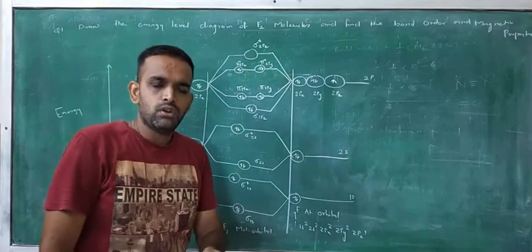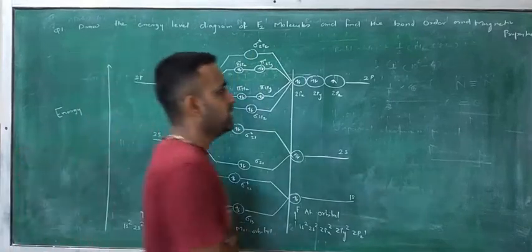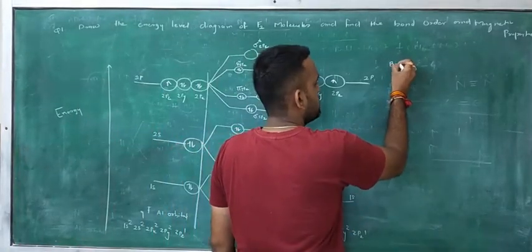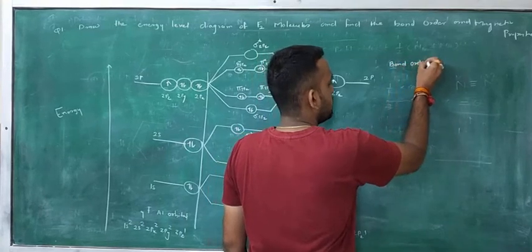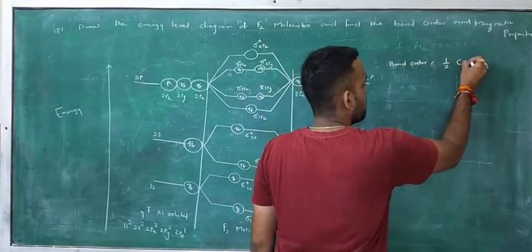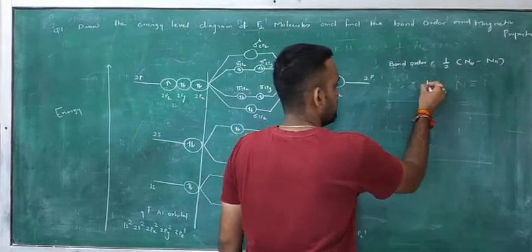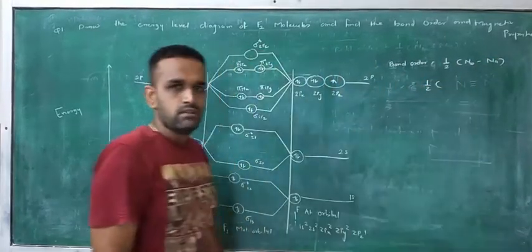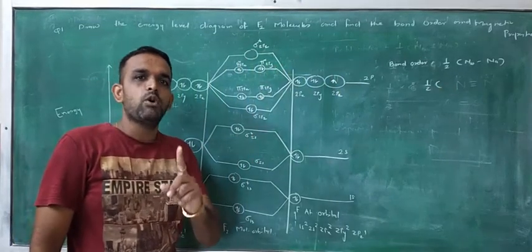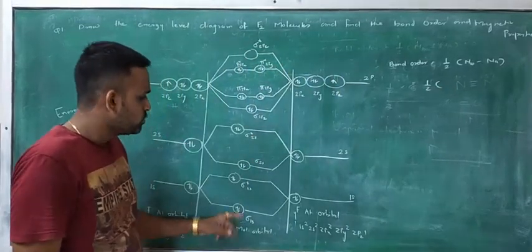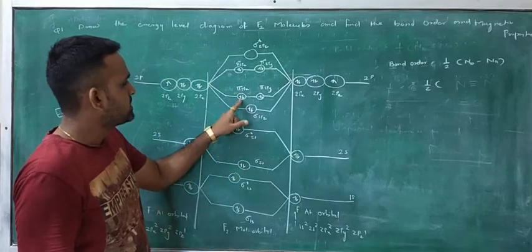Understand? Now, if you want to find the bond order, how can you find it? Let us see. Bond order equals 1 upon 2 (Nb minus Na), right? Nb means the total number of electrons present in bonding molecular orbitals: 2 plus 2, 4, 5, 6, 7, 8, 9, 10.